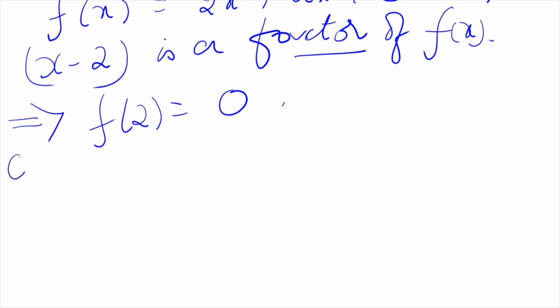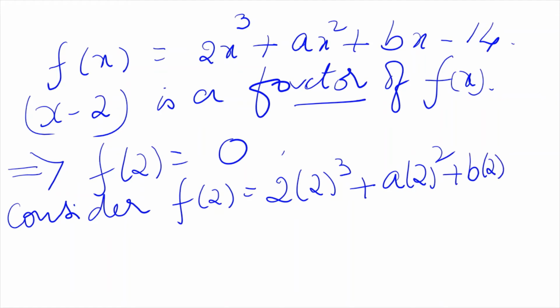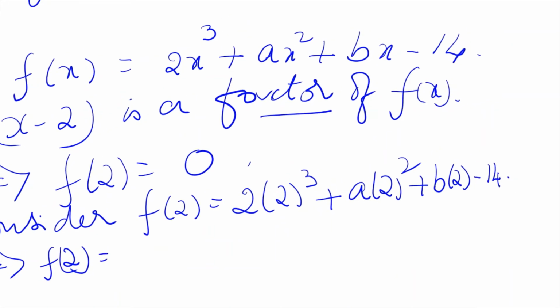So now consider f of 2. In place of x you substitute 2. So 2 cube plus a into 2 square plus b into 2 minus 14, and this is equal to 0. Okay, f of 2 is 0, right?